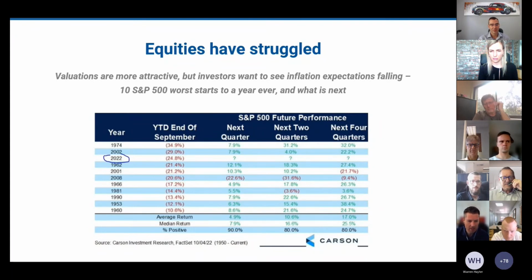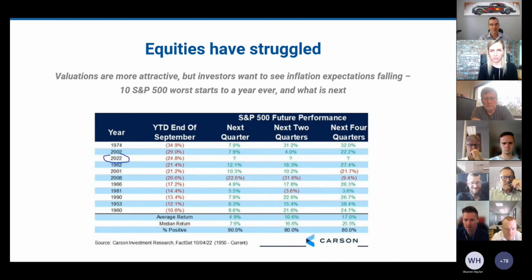It's not a guarantee. And you'll see 2001, obviously, there was a weak start to the year. We had 9/11 just before the end of the third quarter in 2001, and then essentially recession in the US and the dot-com bubble bursting.